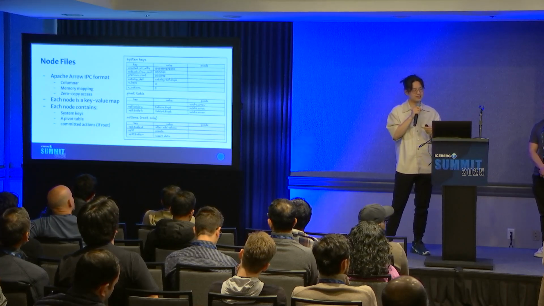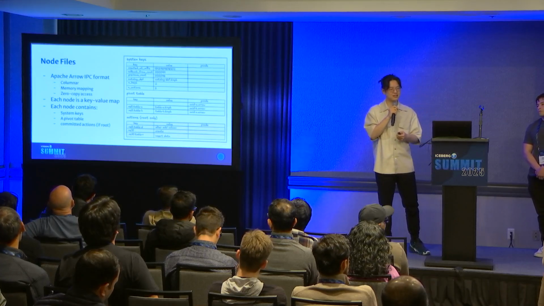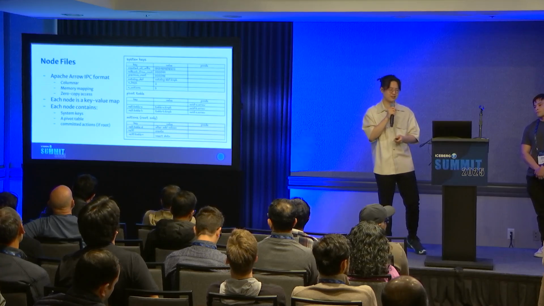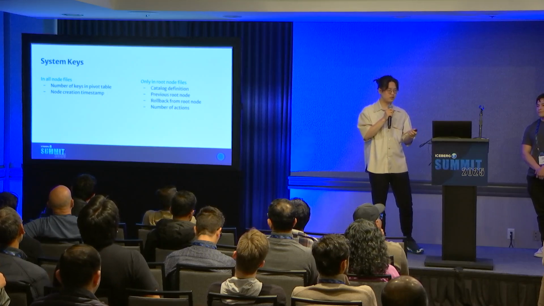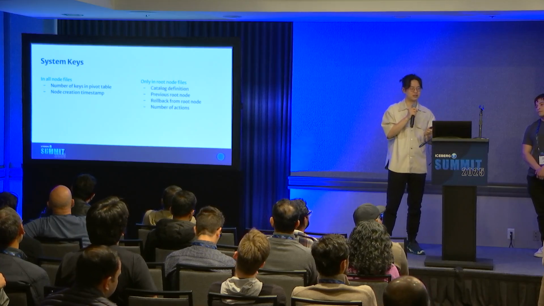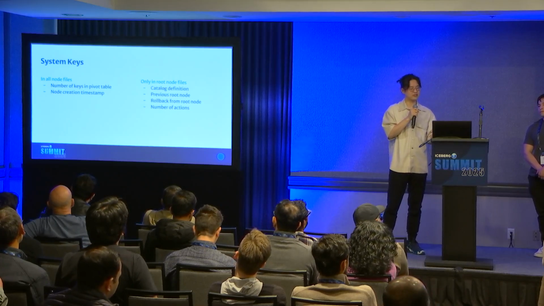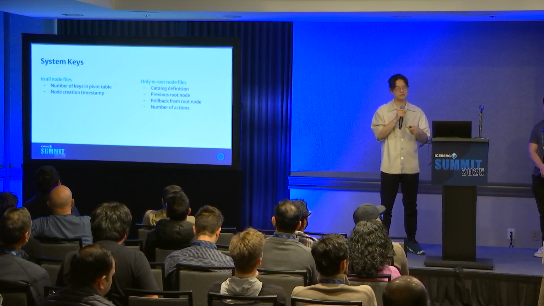And if it is a root node, there's a special section called the committed action that is used for conflict resolution. We will talk about that later. So for the system keys, which is the top section, if you remember, for all the nodes, there's the number of keys in the pivot table, and there's the node creation timestamp for information purposes.